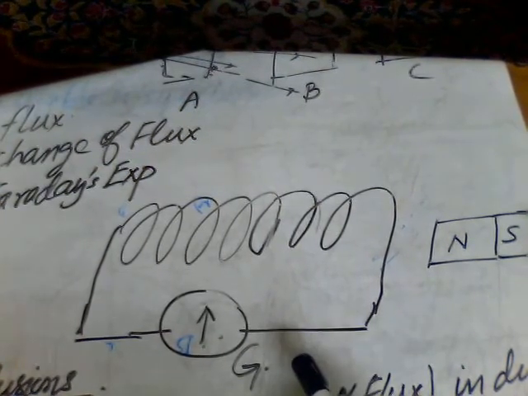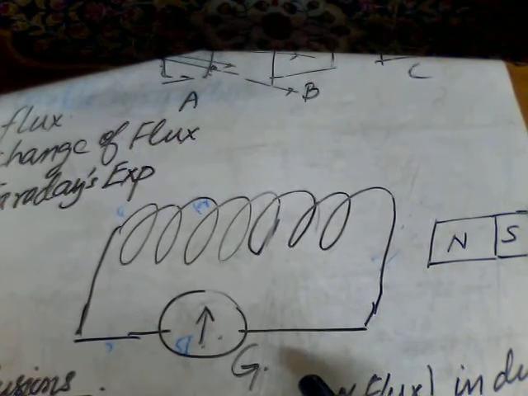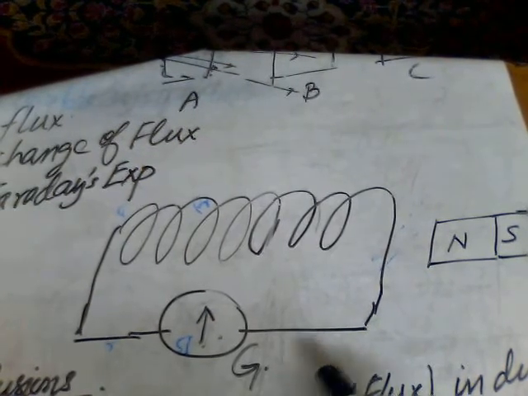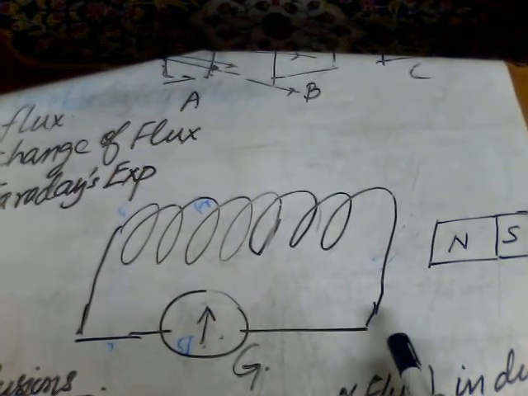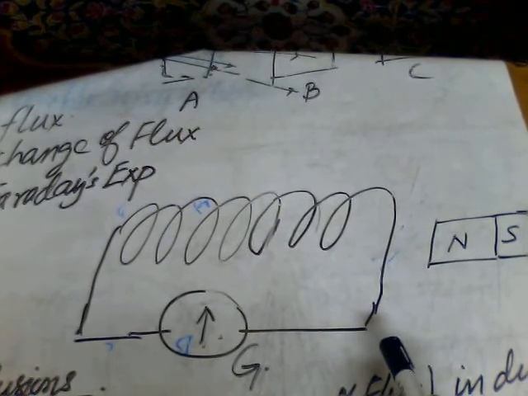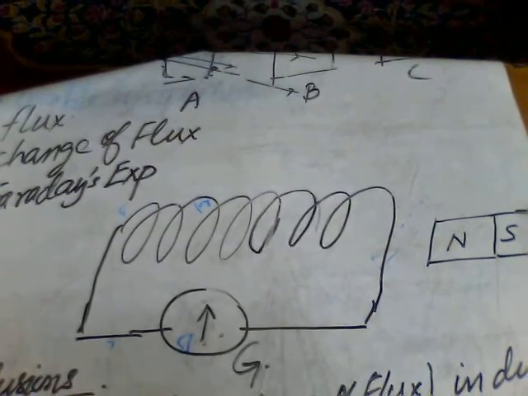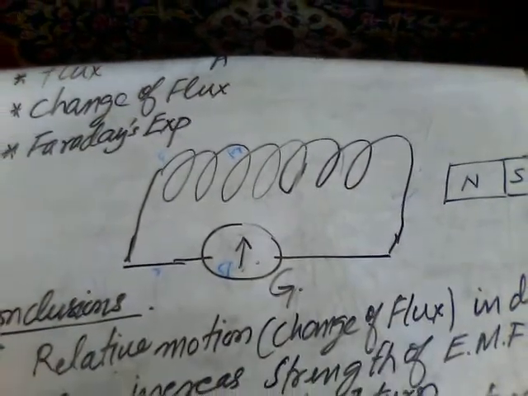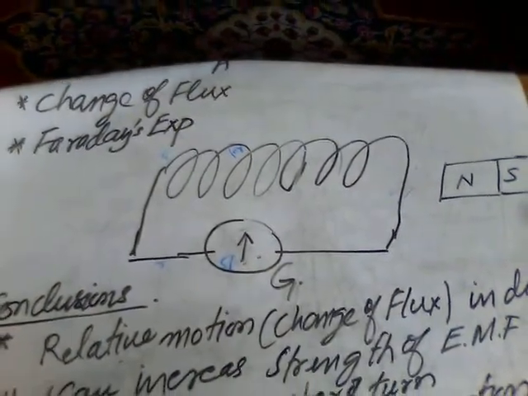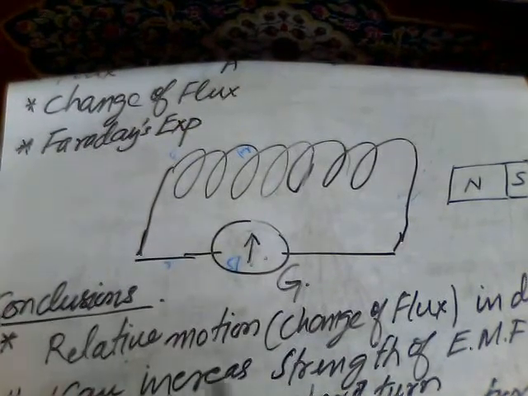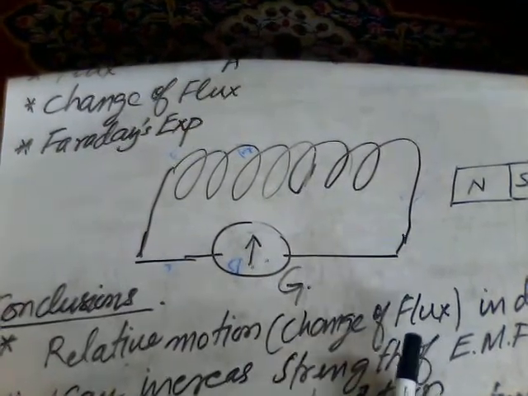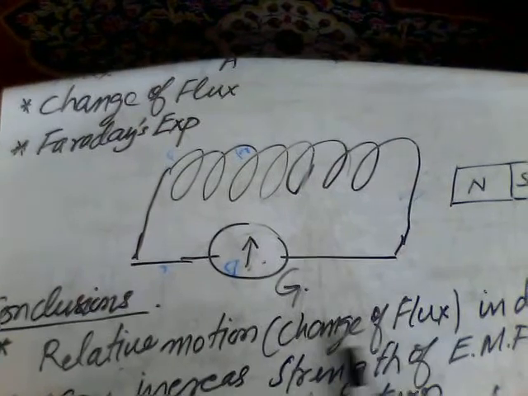Faraday concluded from this experiment that while we change the flux, EMF is produced. EMF is produced because of the change of flux.